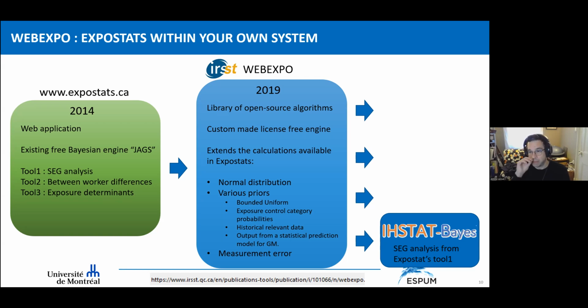I think many of you might know IHStat and use it quite often. Myself, I still remember I got my first version of IHStat in 1998, 25 years ago, on a floppy disk. So it's a fairly old piece of software that was updated a little bit some years ago.